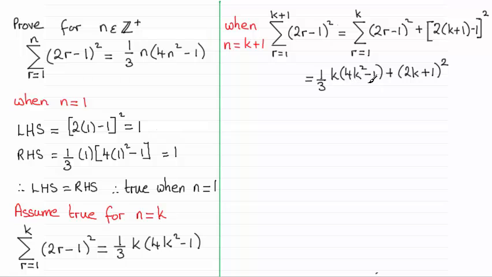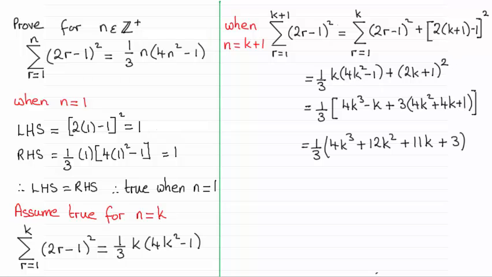So what I want to do is just expand this out. If you do that, you'll notice I've taken a third out the front, because I wanted a third anyway. So I forced it out the front. And then I've expanded that bracket, giving me 4k cubed minus k.